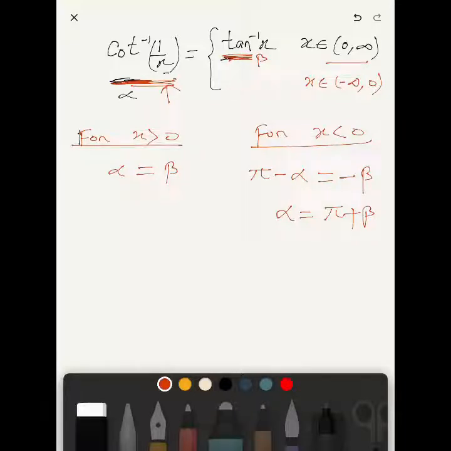So here you may write pi plus beta, where beta is tan inverse x. I hope this is very clear. You practice. Today we'll be doing more questions of this type. It's not a question, but we can call it a formula. People find it very tough to memorize these formulas, when we have to add pi, when we have to subtract pi, and when we don't.